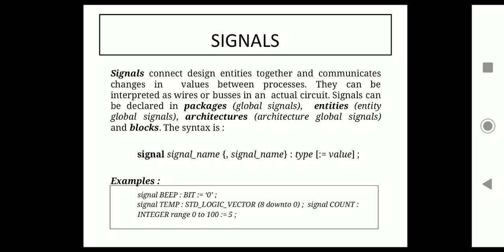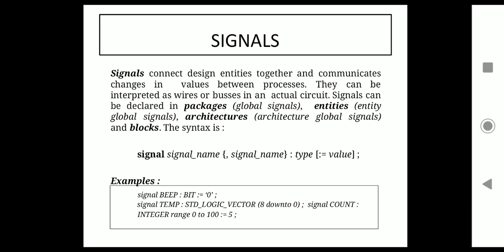A variable is valid only under that process statement. Once the process statement ends, the significance of that variable will also end. But the same signal can be called or used in a different entity. So this is the difference between the variable and signal.